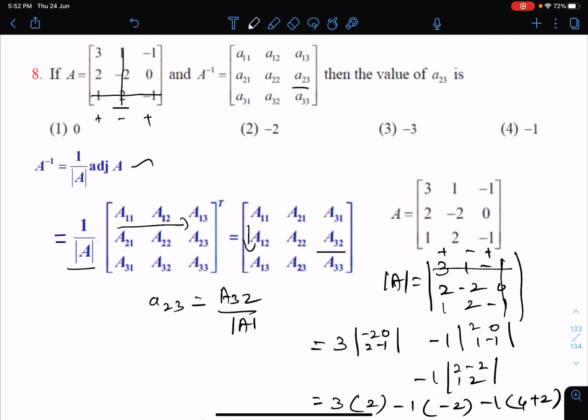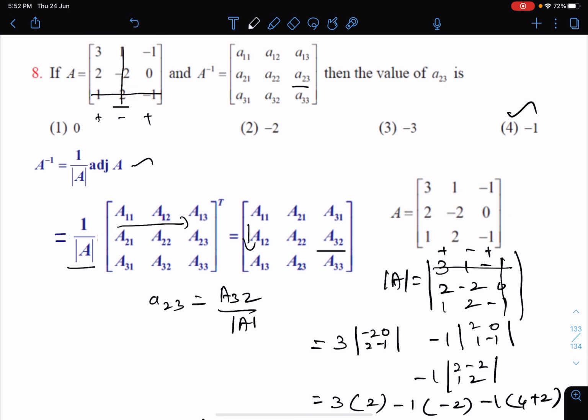Where is our minus 1 answer? The fourth subdivision is our answer. So for the 8th sum it is the fourth subdivision, minus 1. So this is how you have to calculate this. For this you should know these formulas. What is A inverse? 1 by determinant A times adjoint A. What is adjoint A? Cofactor matrix transpose.